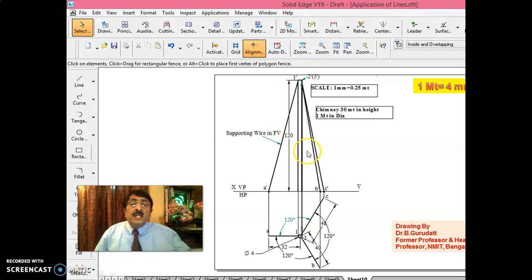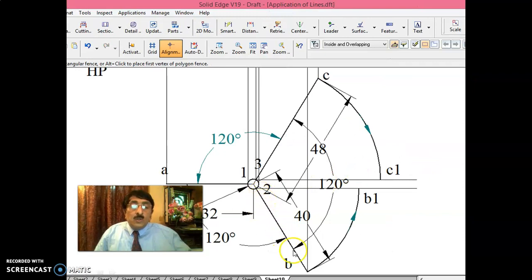Since 1A is parallel to VP, at least 1 dash A dash, if you measure this, it is directly in true length. Then 2 dash B dash and 3 dash C dash, you have to rotate and get the true length. Now I'll rotate 2B and 3C. 2B I have rotated to B1, 3C to C1.